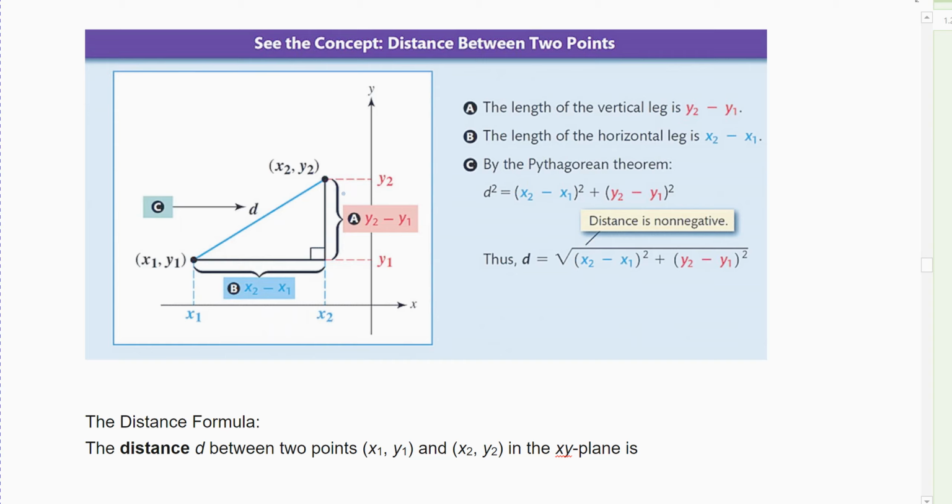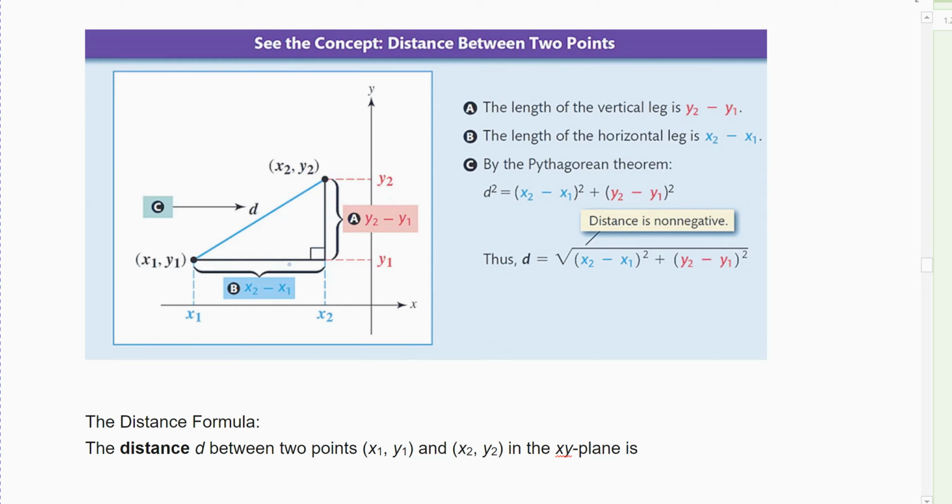And then it's just the Pythagorean theorem. If you look at this, this is a right triangle, and the distance here is the hypotenuse. The Pythagorean theorem says the square of my hypotenuse equals the sum of the squares of my legs, and the legs are the distances that I'm moving in the x and y direction.